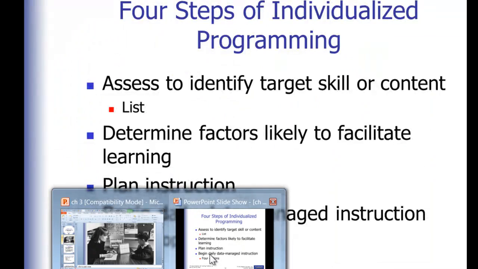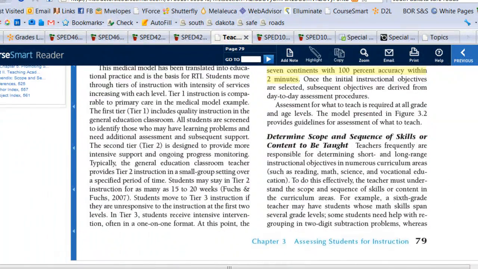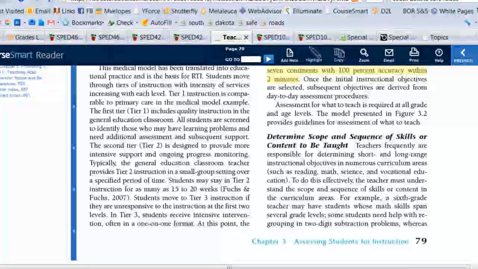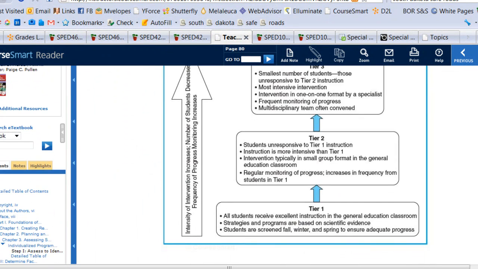You want to list these things. Looks like this. First of all, determine that scope and sequence of content, things that you're going to teach. Here's another illustration of that tier system.